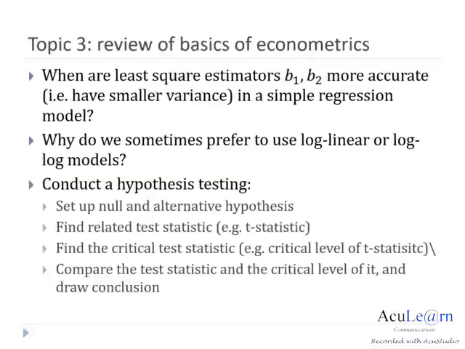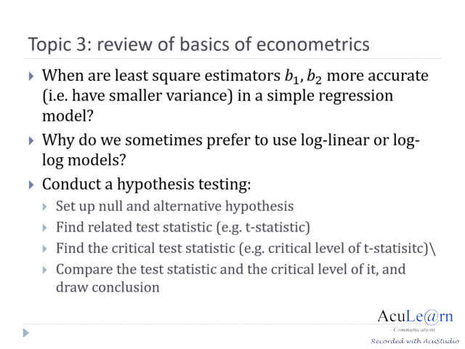Okay. All right, and then we go for topic 3, the review of basics of econometrics. There is some repetition of what you have learned from the previous course, but we also add some new things. That is why I highlighted the relatively new things in this course as a key point of this part.